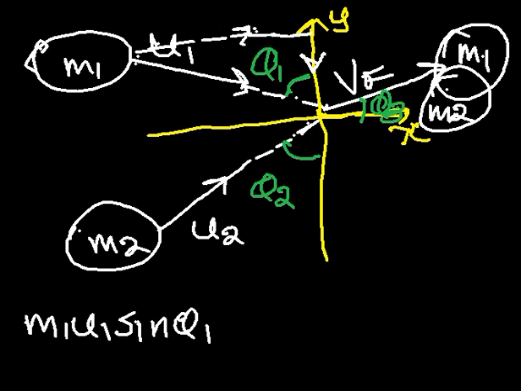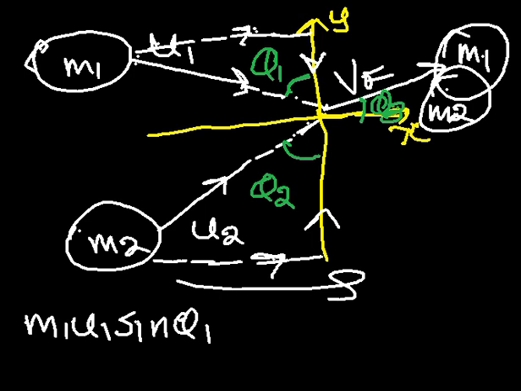On the same note, let's also resolve the initial momentum for object 2. The initial momentum along x for object 2 is also positive because it is going towards the positive direction.